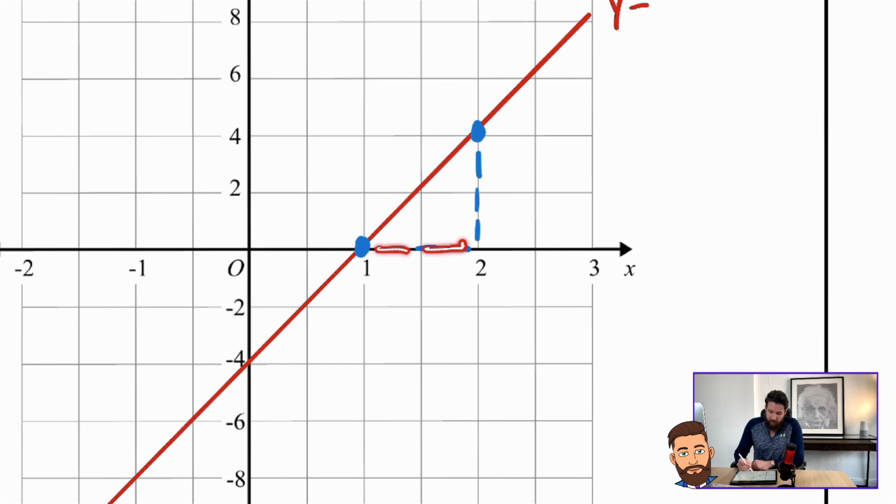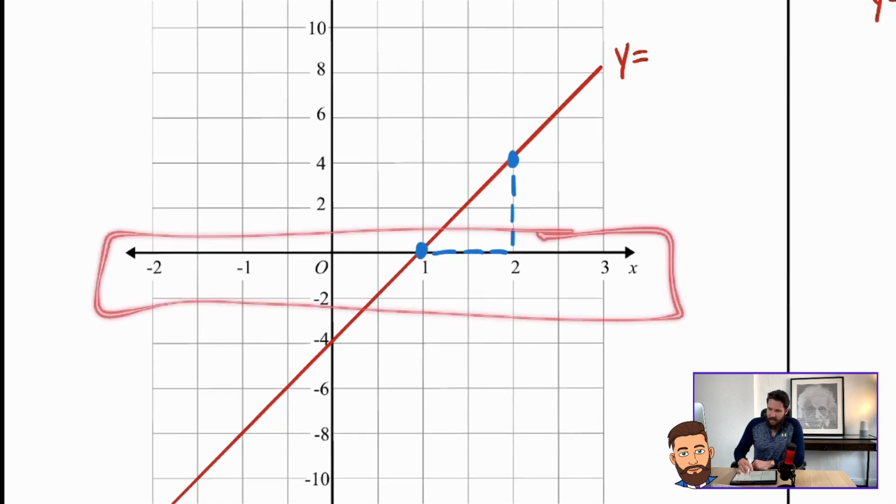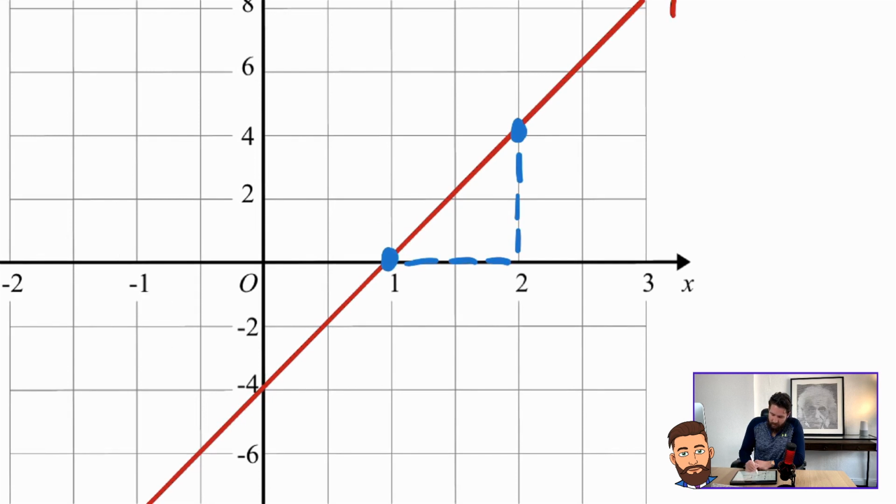Well, no. If you look at the x-axis scale, it's telling us that 2 squares is worth 1 unit. If I go across 2 squares, I've only gone across 1 unit. So it is not 2 across. Even though it's 2 squares on the grid, it's actually only 1 unit across. So we can say that it is 1 unit across, not 2. The mistake students would make here is they would count the squares and they would put 2.